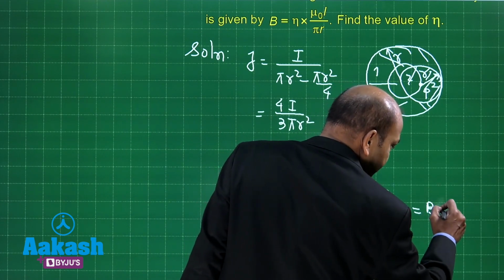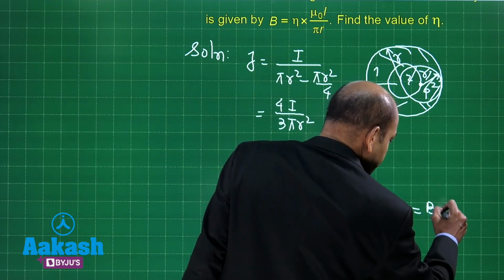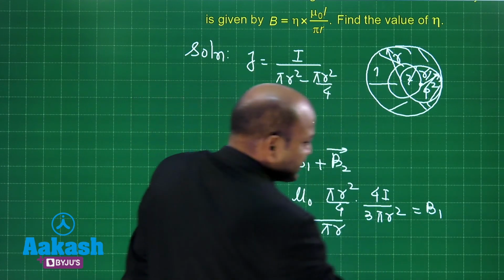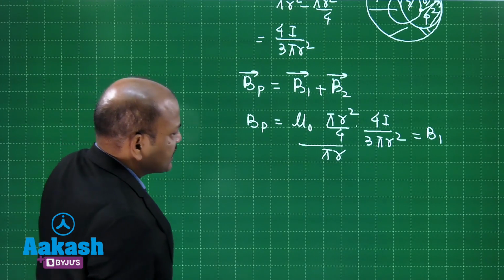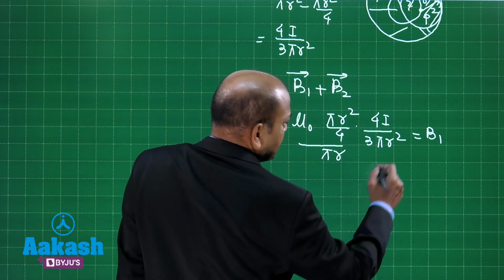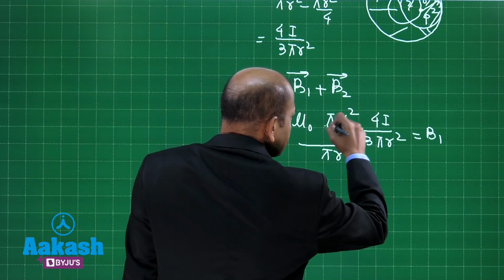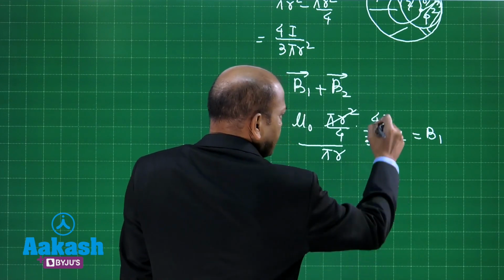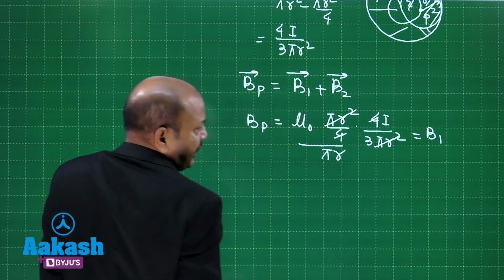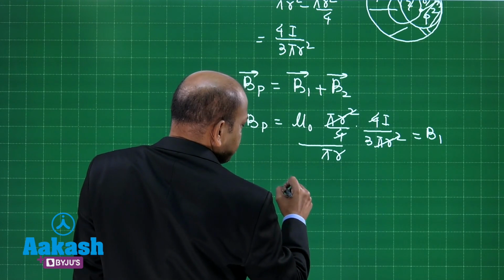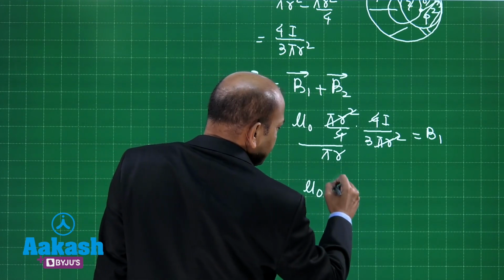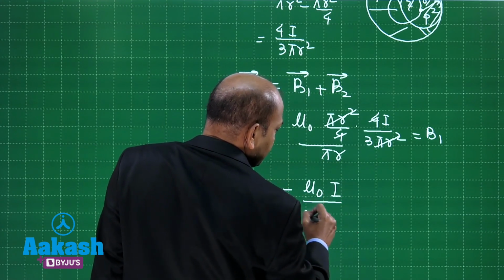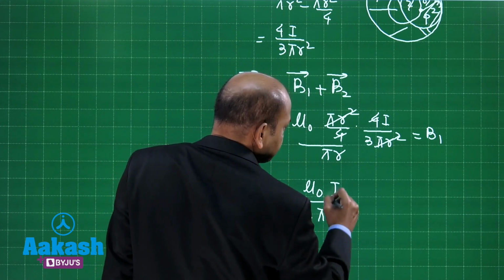So, this is the expression and that is also equal to the magnetic field due to part 1 alone, as I explained to you. Let us simplify this. We can cancel this pi r square, this 4, and we find that this magnetic field comes out as mu naught times I divided by 3 pi r.